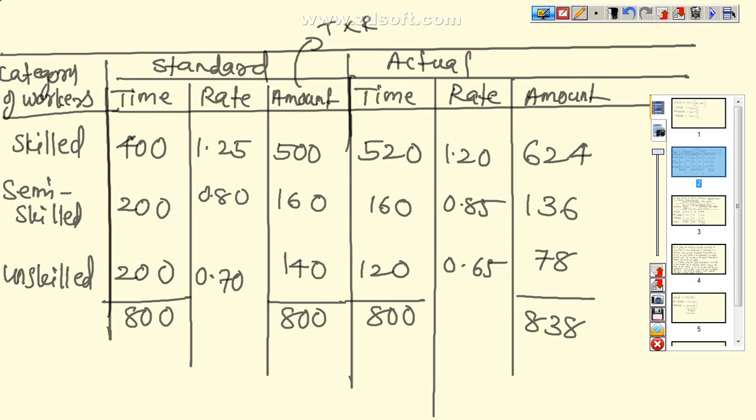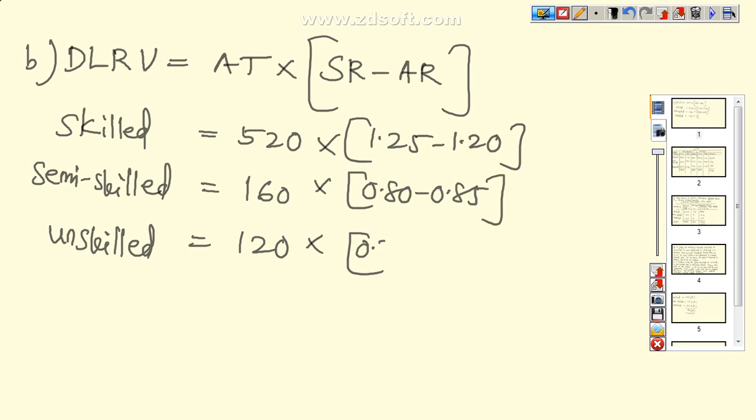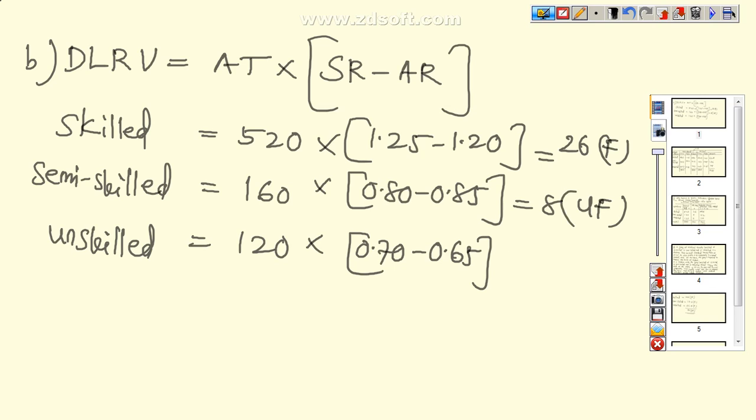Standard rate is given in this question: 1.25, 0.80, 0.70. Actual rate is also given, so we substitute these values: 1.25 minus 1.20, 0.80 minus 0.85, 0.70 minus 0.65. So the answer for the first category is 26 favorable, second category 8 unfavorable, and third category 6 favorable. Final answer is 24 favorable.